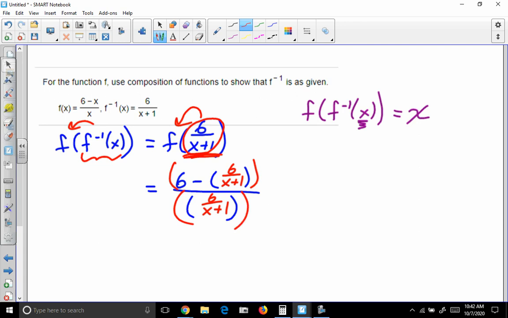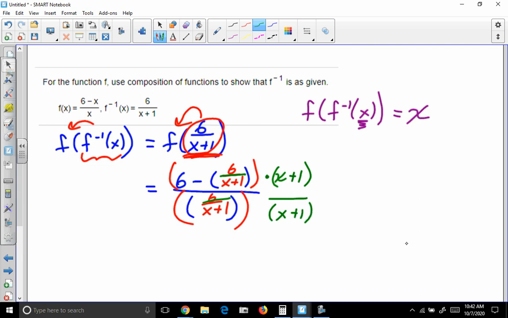Another way of clearing improper or complex fractions is to get rid of the denominators. So if we had this x plus 1 gone and that x plus 1 gone, this would no longer be a complex fraction. So the opposite of dividing is to multiply. So we're going to multiply the top and the bottom by x plus 1.